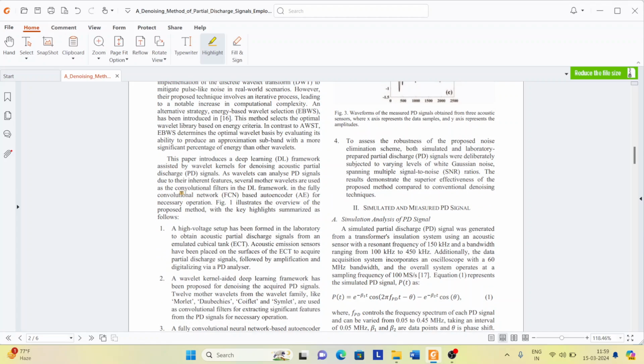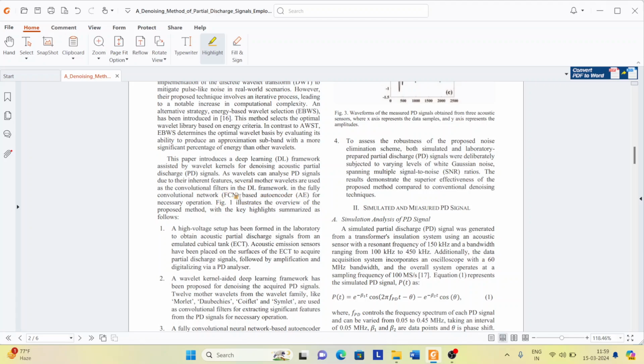After that, this paper introduces a deep learning framework assisted by the wavelet kernel for denoising acoustic partial discharge signals, as wavelets can analyze the partial discharge signals due to their inherent features, and several mother wavelets are used as the convolutional filters in the deep learning framework.